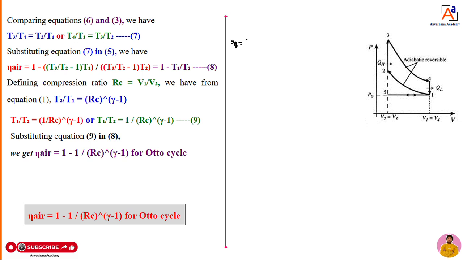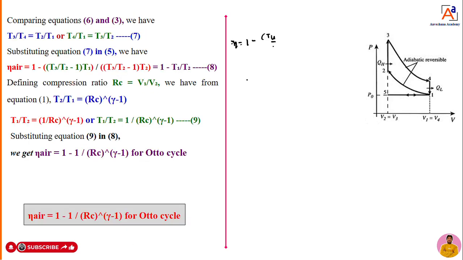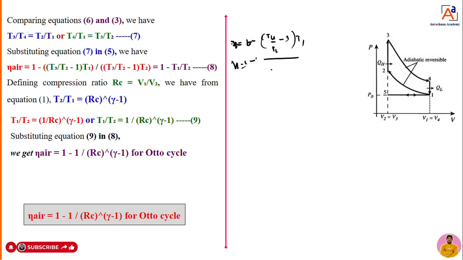That is, efficiency is equal to 1 minus T4 by T1 minus 1 into T1, divided by T3 by T2 minus 1 into T2.